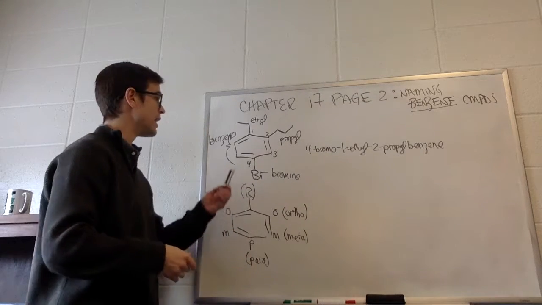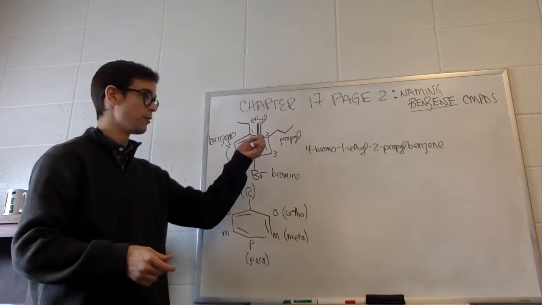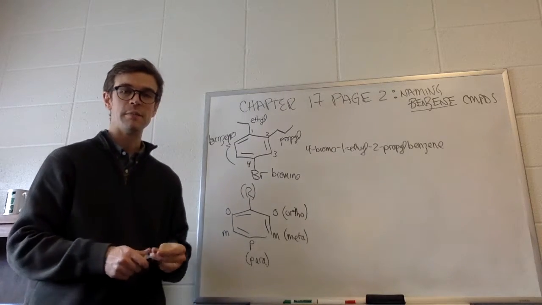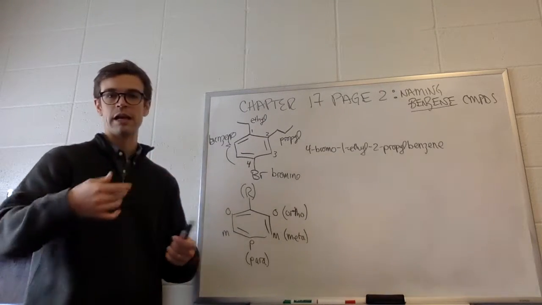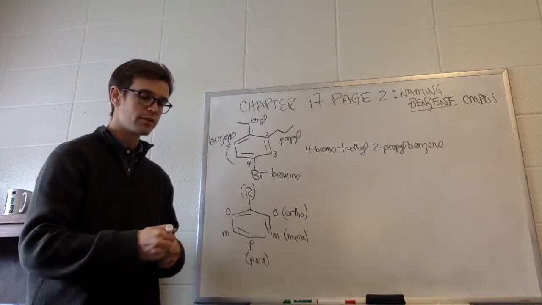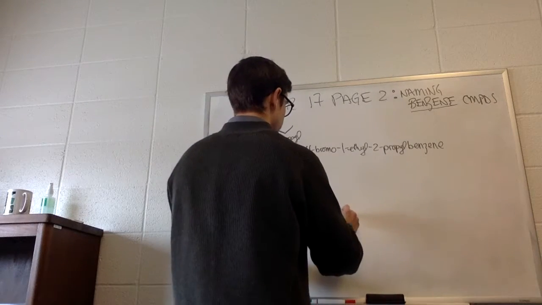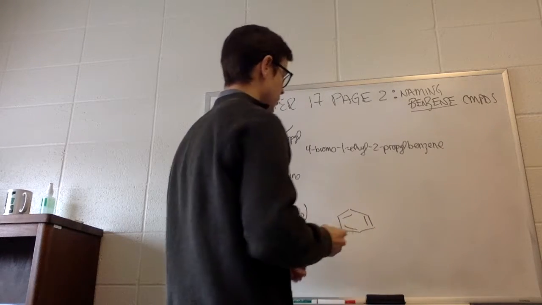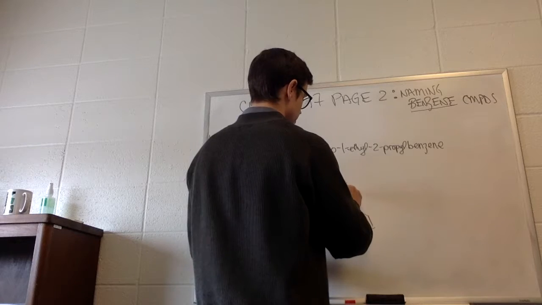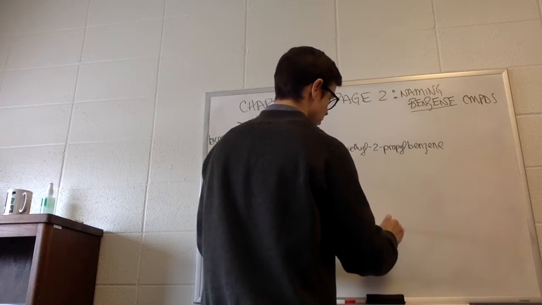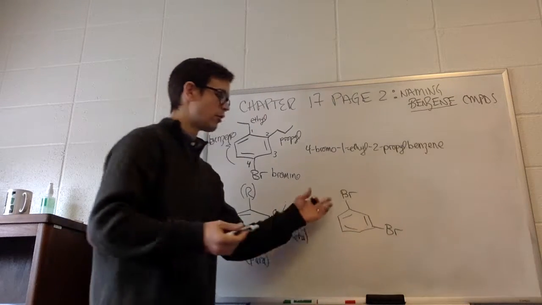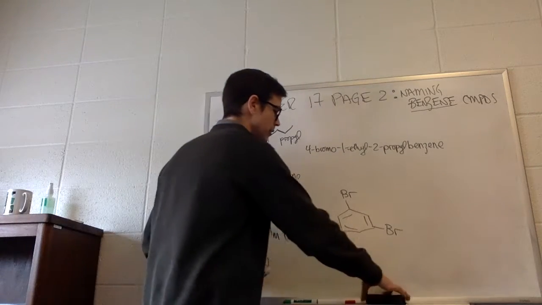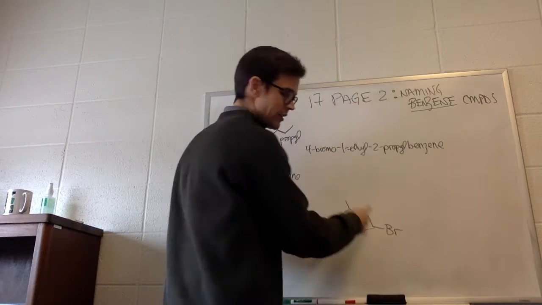So we can name compounds with 1, 2, 3, whatever, but in some cases you will also see them named para blank, ortho blank, whatever. So let's give an example of that. If we had a molecule that had bromines in this pattern, and actually this is the one that's in your notes.